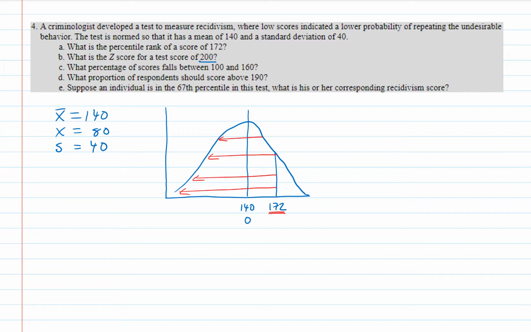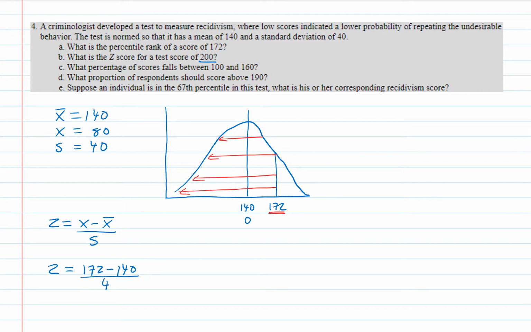Let's convert this score of 172 again to a z-score. So the z-score formula, z equals x minus x bar over standard deviation. In this case, we have 172 minus 140, over 40. Remember, we want a z-score associated with 172.